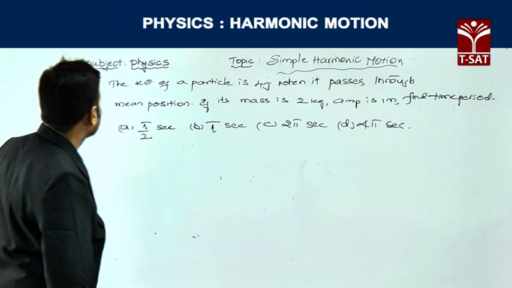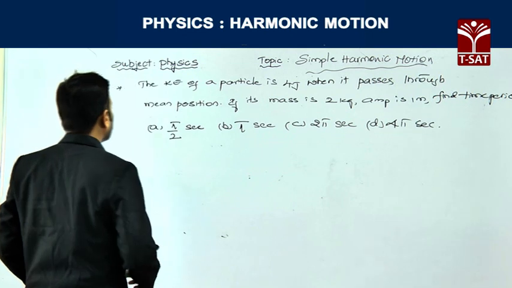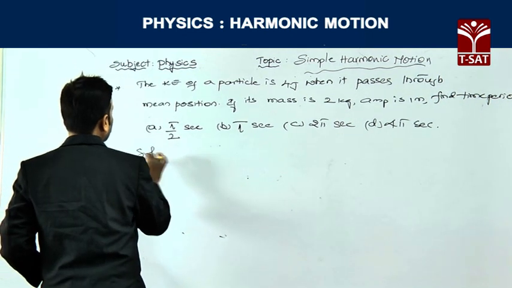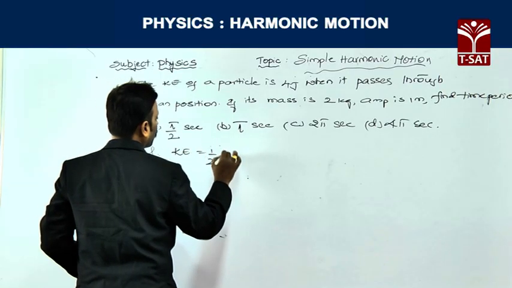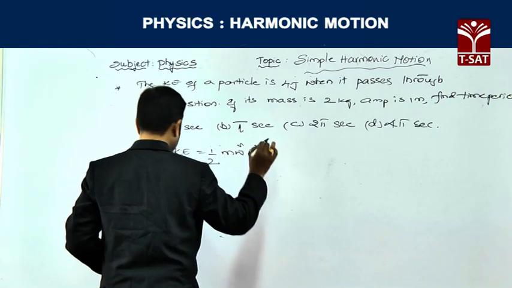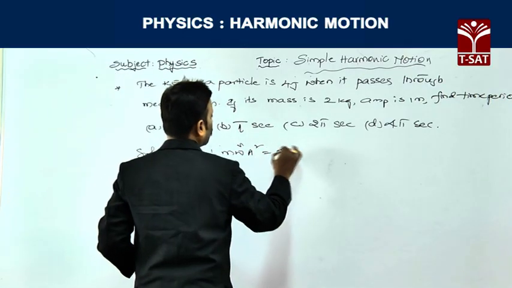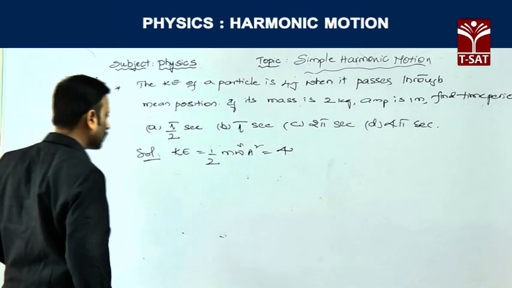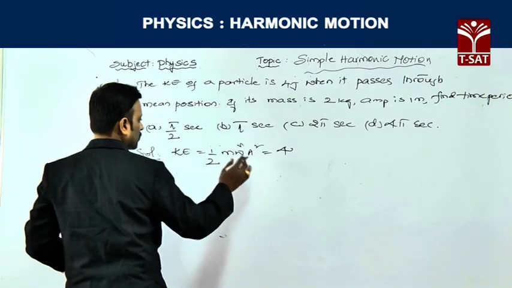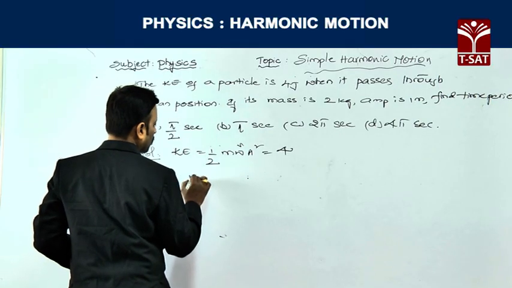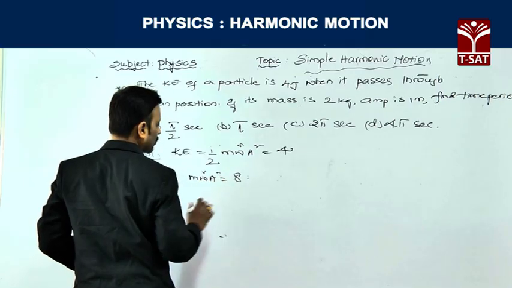The expression for maximum kinetic energy is half m omega square a square, which is given as 4 joules according to the given data. So, from this cross multiply, m omega square a square is equal to 8.